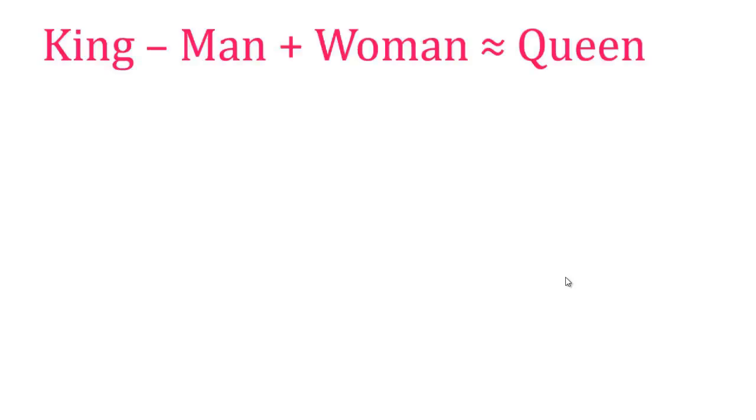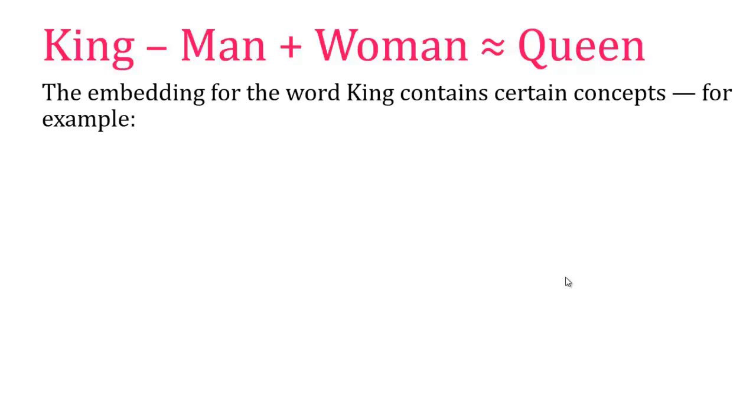Now that we understand what embeddings are, let's look at a very famous example that proves embeddings actually capture meaning and relationships, not just words. So here is the example: king minus man plus woman is equivalent to queen. The embedding for the word king contains certain concepts, for example, royalty, leadership, and male, right?